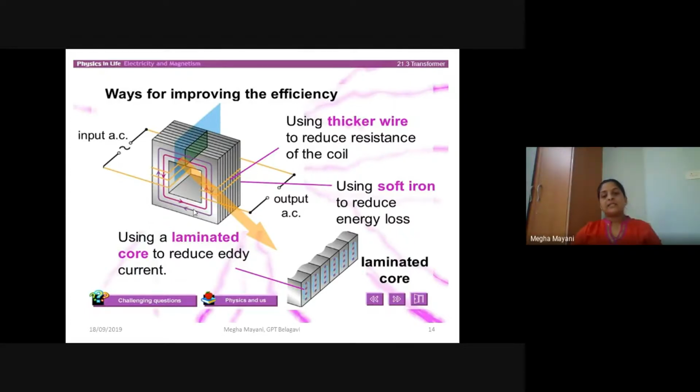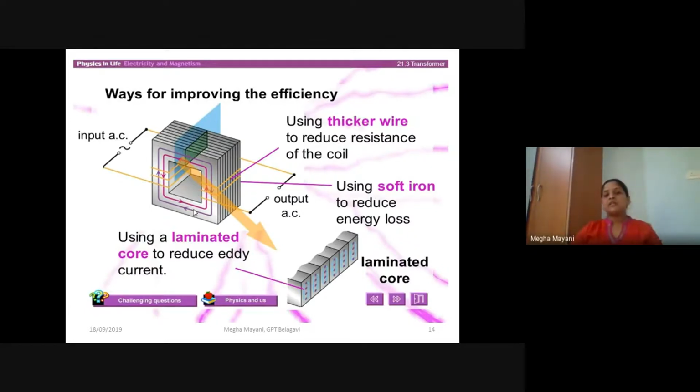The second way is using soft iron as the core material. That will definitely reduce the energy loss and improve the efficiency. The third is using a laminated core. Instead of using a single one-piece core, you can use a laminated core to reduce the eddy currents, so the corresponding losses are reduced and hence efficiency will increase.